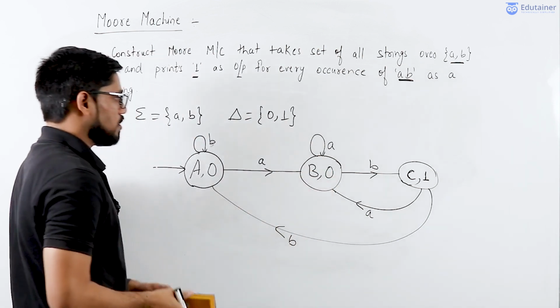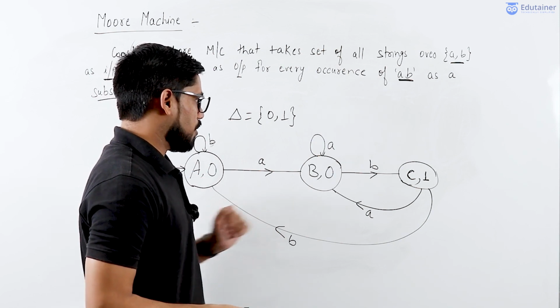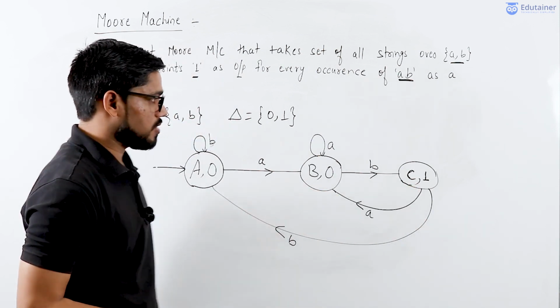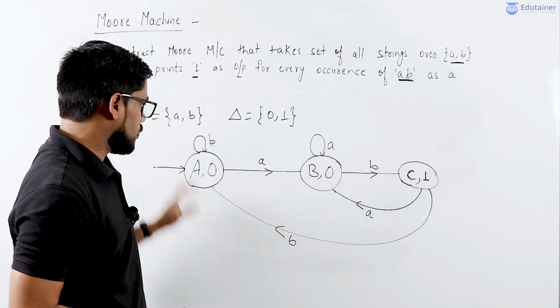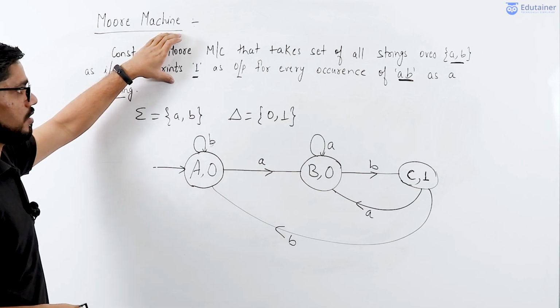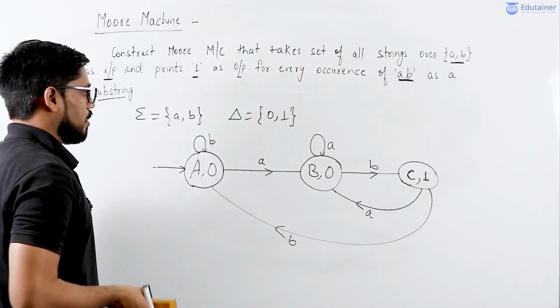Why? Because it doesn't see any input ab there, but on capital C, I have seen one ab as a substring. So this is the Moore machine for this particular question, for every occurrence of ab as a substring.